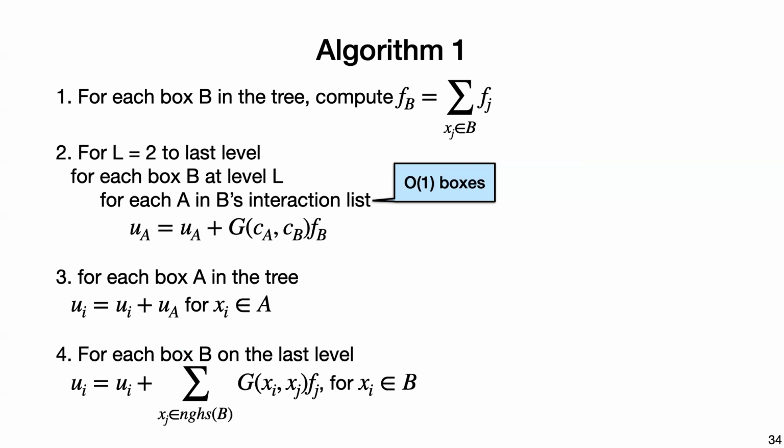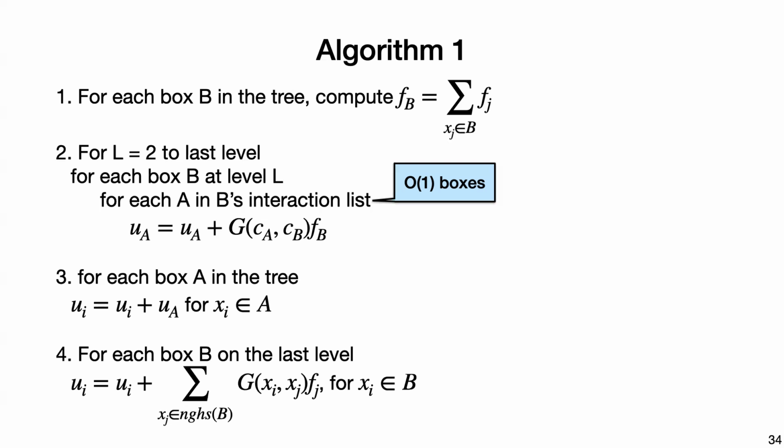Notice that it's not point by point, it's just box by box at this stage. For every level from level 2 up to the leaves, for every box at that level, and for every A in the interaction list, which is the 27 that were not close to you at that level, you just do this far approximation.